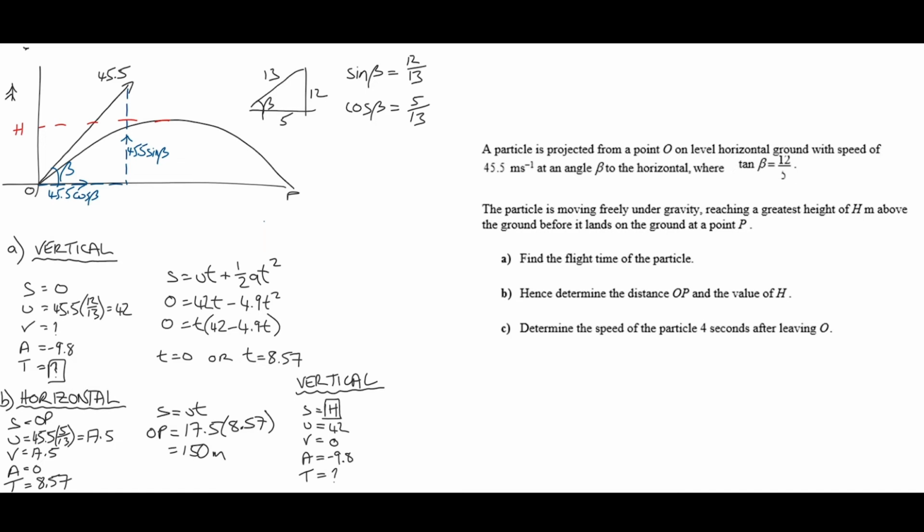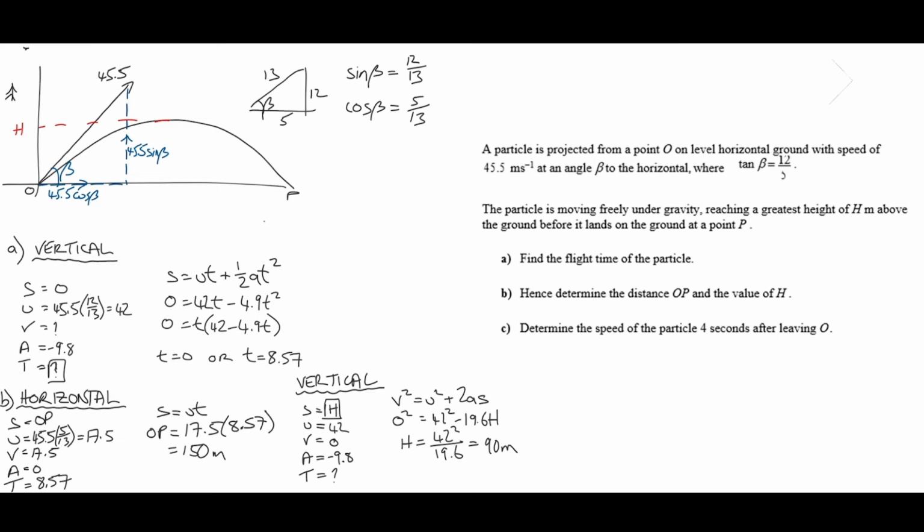The formula to use here, v squared equals u squared plus 2as. Substituting in and rearranging, we get that h is 42 squared over 19.6, which is 90 meters. This maximum height through its flight path is 90 meters.